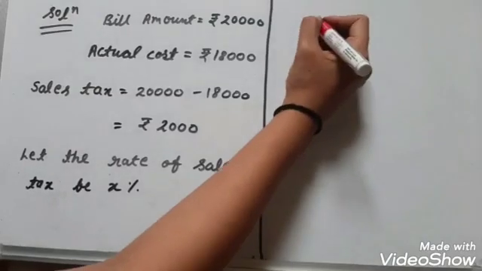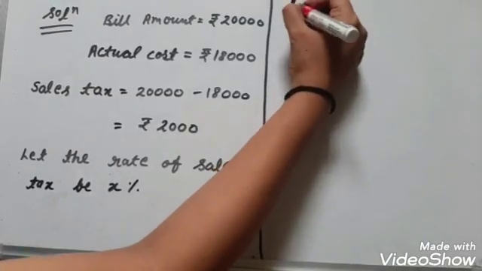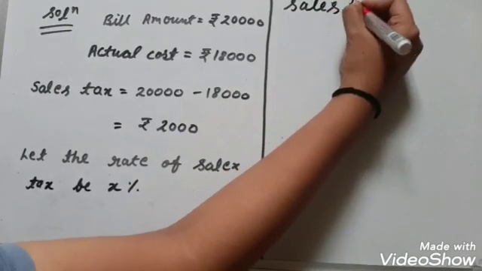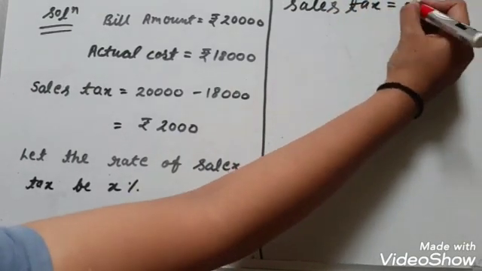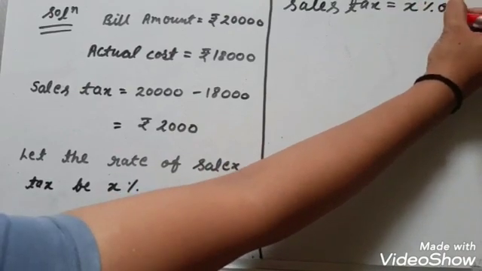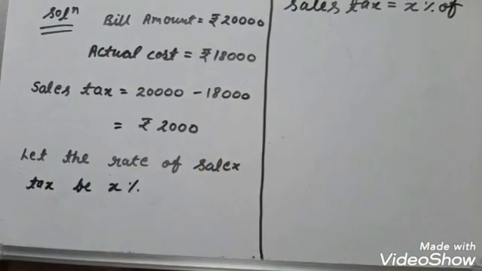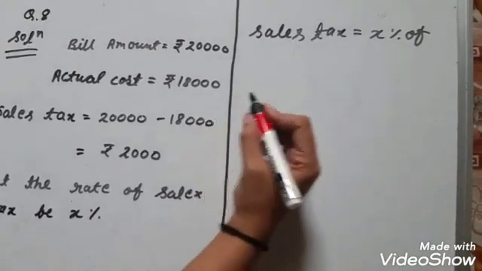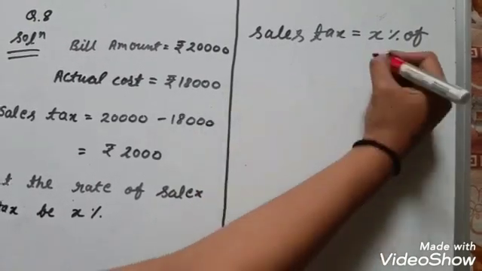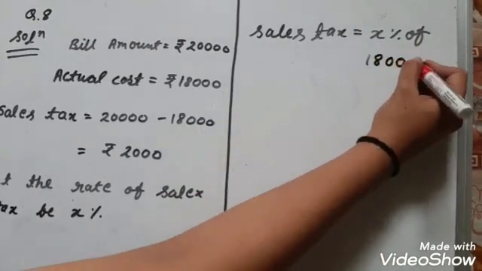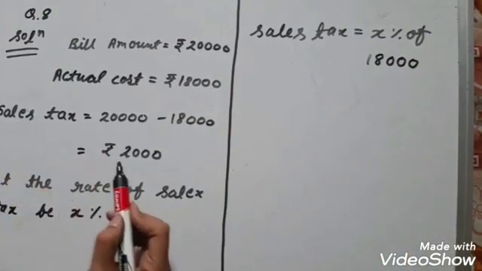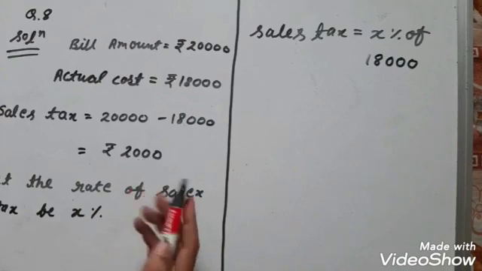Students, we know one thing, that sales tax is equal to X% of the actual cost price of the particular thing, and here we have the actual price as 18,000 and we found the sales tax amount as rupees 2,000.